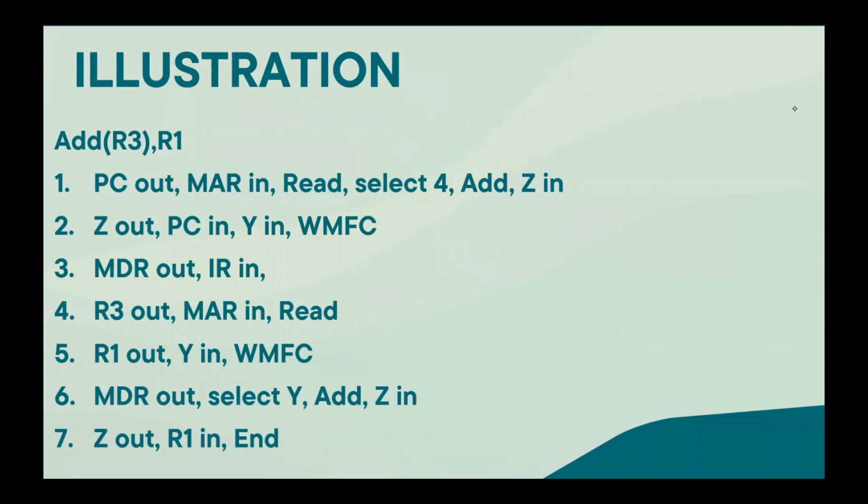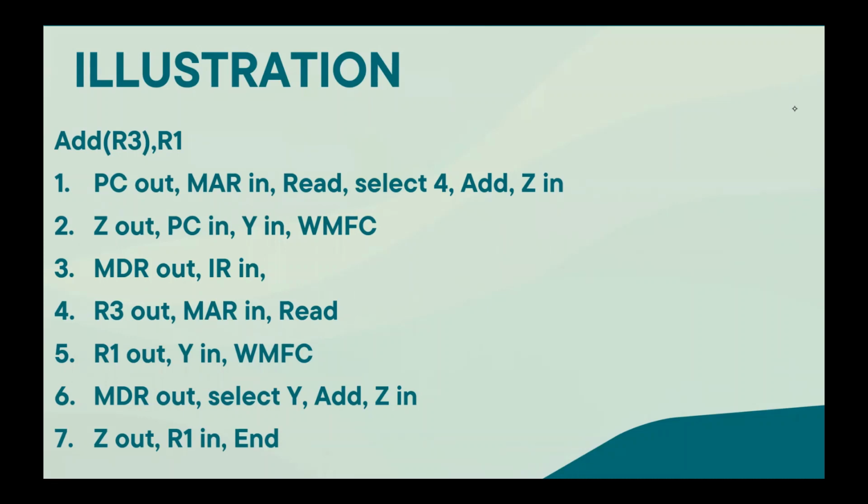After that is the third step: MDR out, IR in. First the data is fetched out from the MDR, and after that it is transferred into the IR. IR means the instruction register.